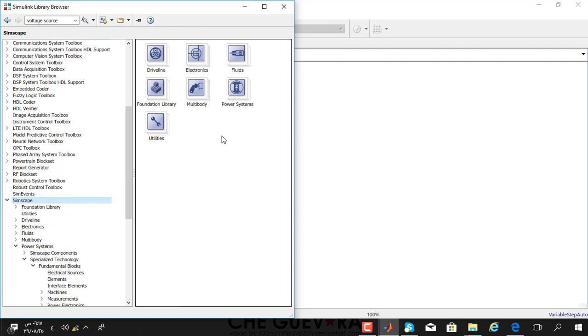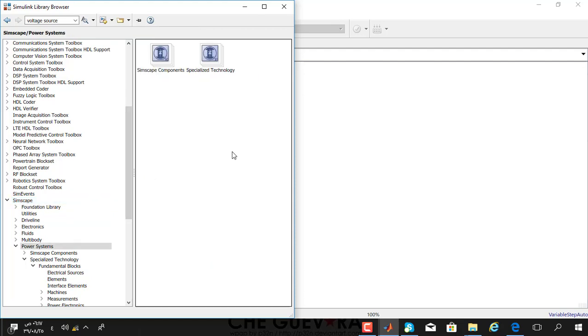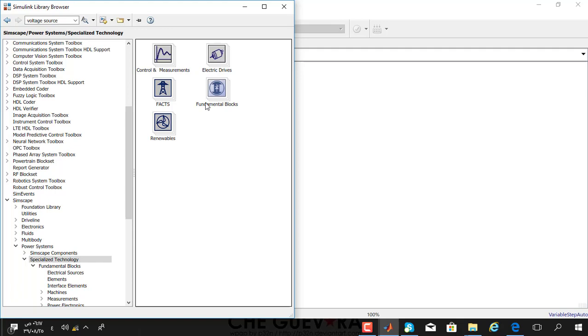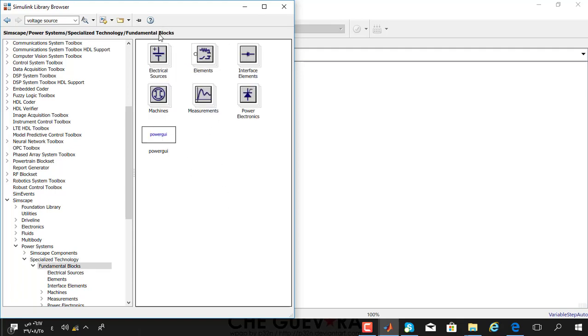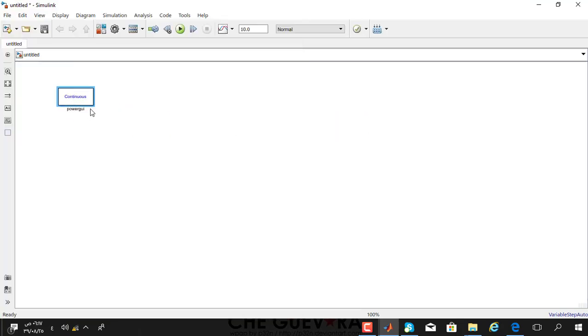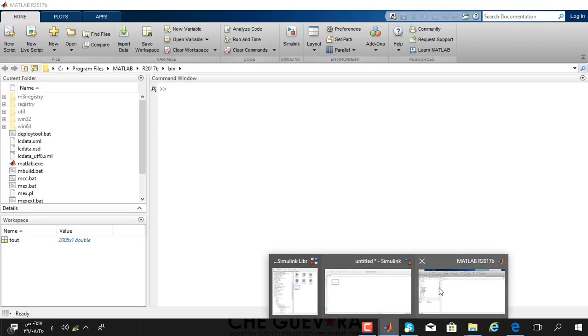From Simscape we choose Power Systems, Specialized Technology, and Fundamental Blocks. From Fundamental Blocks we take the Powergui, which is the most important part in our experiment. Without it our experiment won't run.